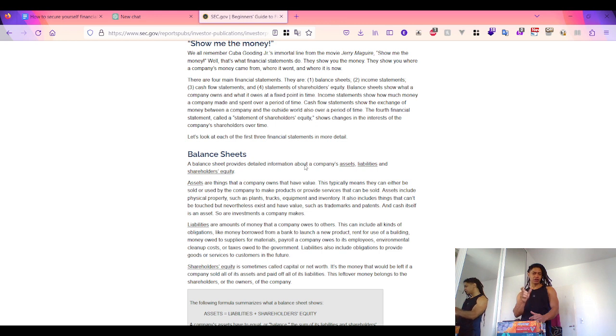Trade secrets, which are confidential data that a company might use to gain competitive advantage, such as formula, process, or customer list, customer relationship, and goodwill. This is the brand reputation.